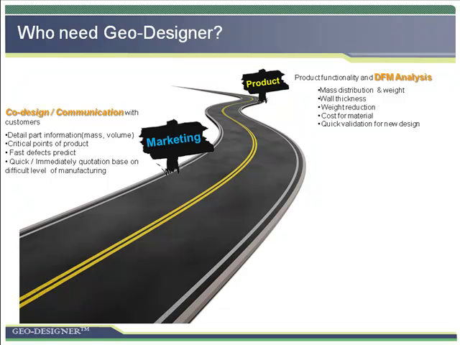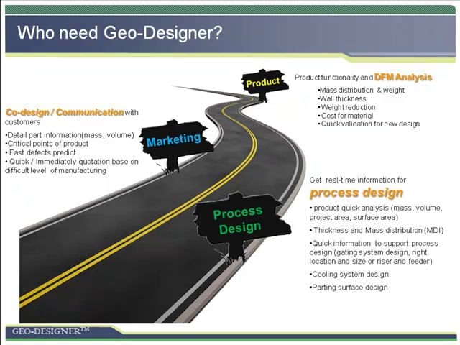In the supply company, at first, Geo-Designer can bring benefit to the marketing department. Since it is so fast and easy to use, the marketing engineer can make a quick analysis of the new part before getting the business, and make a more reasonable evaluation of the part difficulty level, then provide a more accurate quotation.